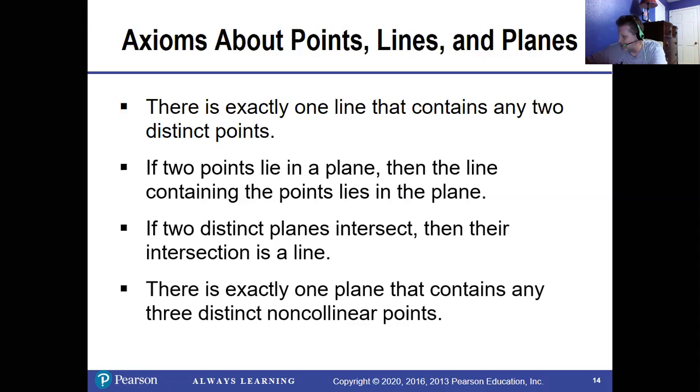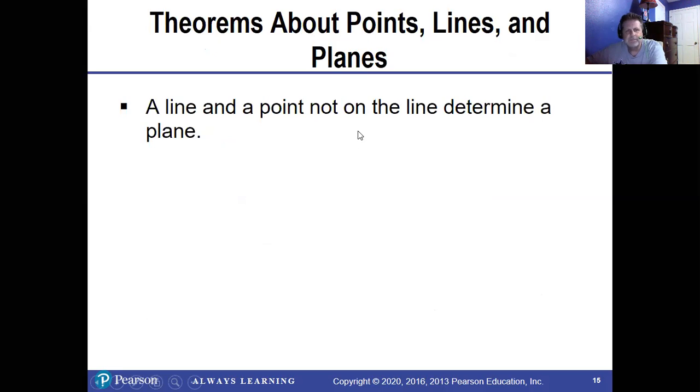Okay, I already kind of stated that any 3 points can be considered coplanar. Okay, they're on the same plane. Now we want them to be non-collinear points to prove that they're coplanar, though. All right, a line and a point not on the line determine a plane.